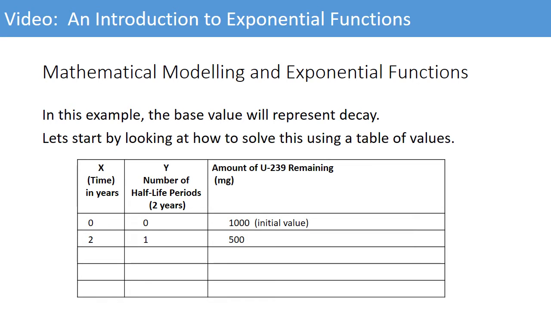Year 4, another half-life period has occurred. We've gone from 500 to half that amount, 250. Year 6, 3 half-lives. We're now down to 125. Year 8, 4 half-lives. We're down to 62.5.